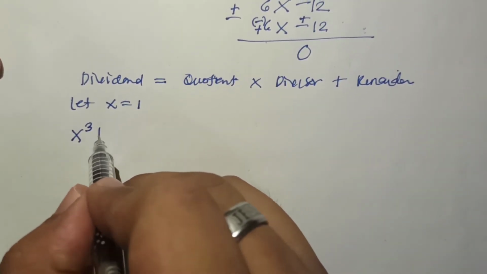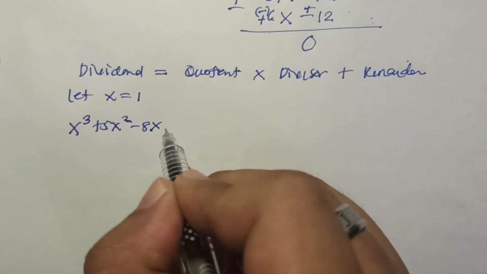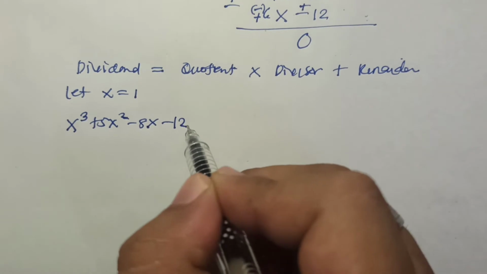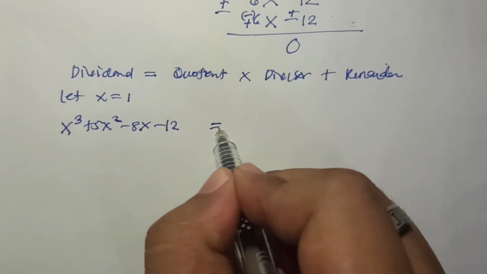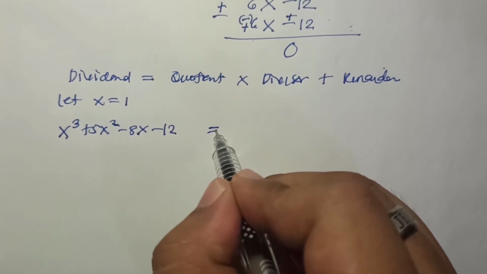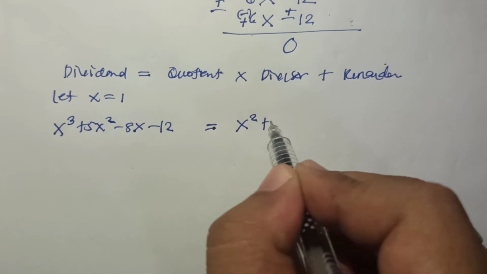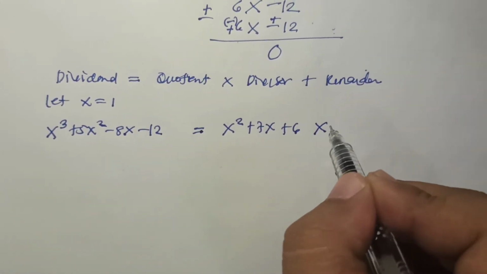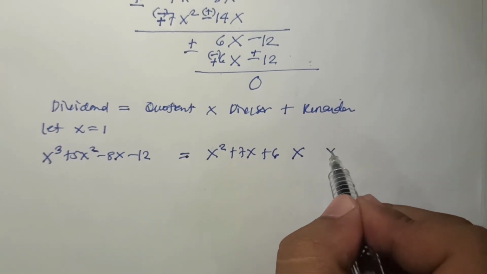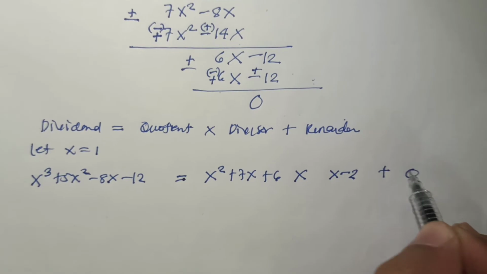cubed plus 5x squared minus 8x minus 12 is equal to the quotient. The quotient is x squared plus 7x plus 6 times the divisor, which is x minus 2, plus the remainder, which is 0.